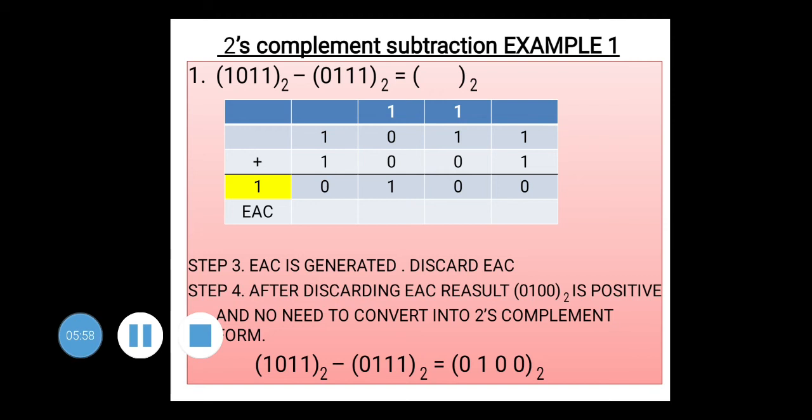You are not going to do anything else with it. After discarding it, the result is 0100. It is positive and there is no need to convert it into 2's complement form. So directly, as it is, you write it, and this is the final answer of the subtraction. I hope you have understood this. Again we'll solve one more problem so that it will be very clear for you.